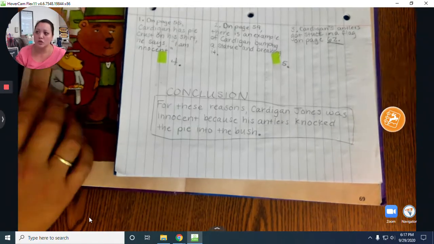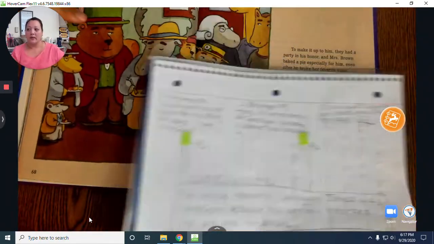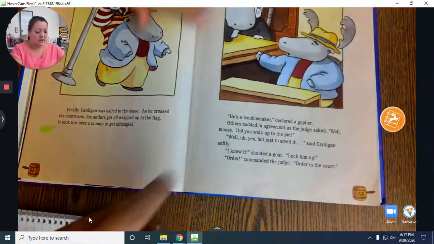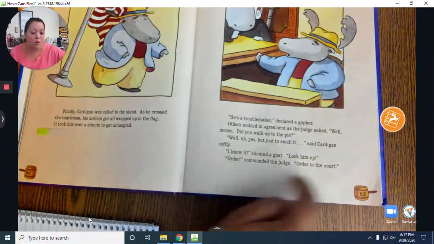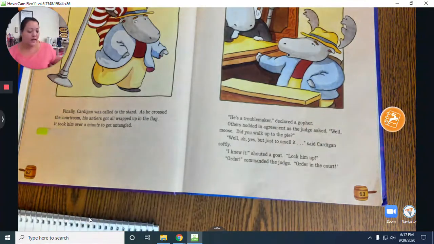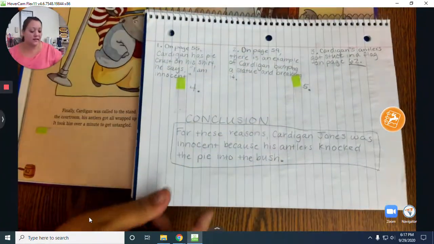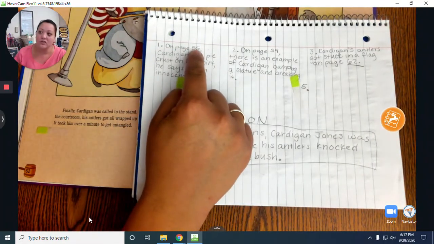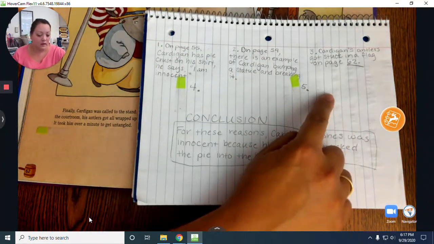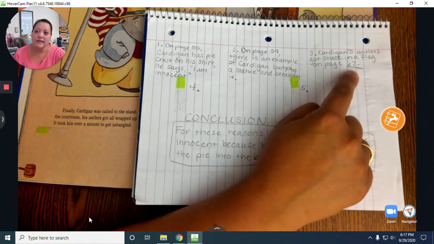And remember, story details can be found in the illustrations and or the text. And when we are writing our story details, we want to make sure that we cite the page. So on page 55, or you can state it and then say the page number.